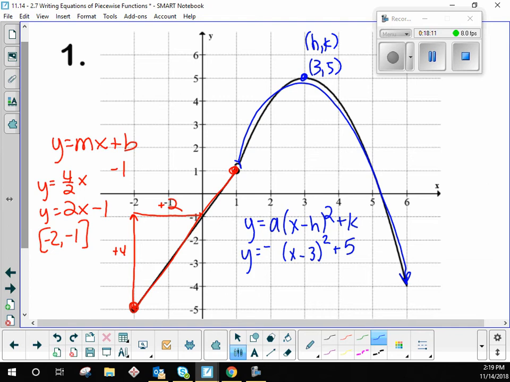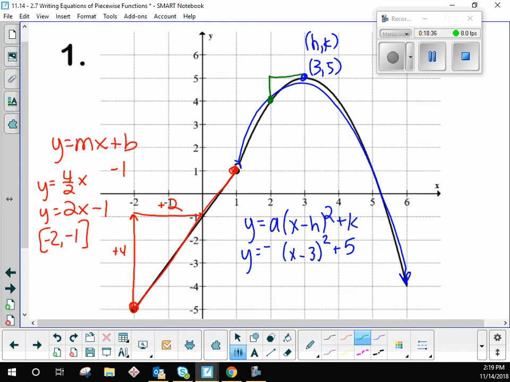And so now we figure out what the number part of the A value is. So I'm going to just assume that there is no stretch or compression. I'm going to assume that to begin with. If that is the case, then I can go over 1, down 1, and hit a point. Did I do that? Yes, right? Because that's a parent point. The parent points haven't changed.